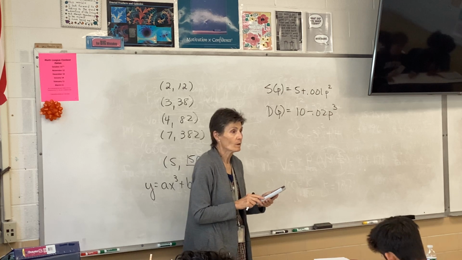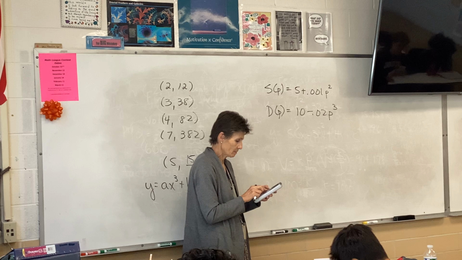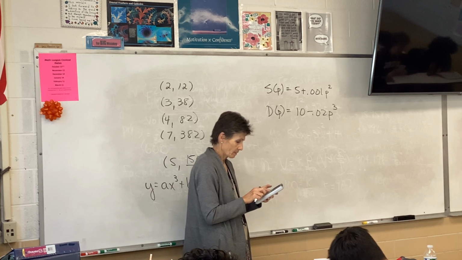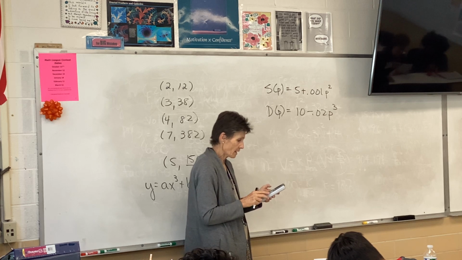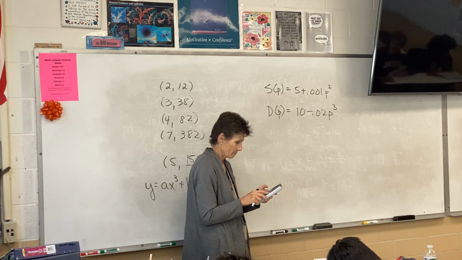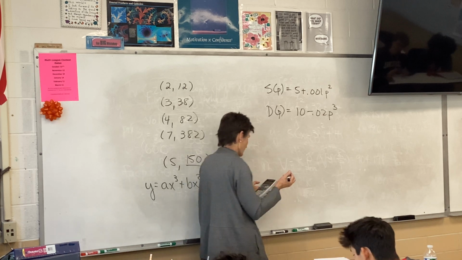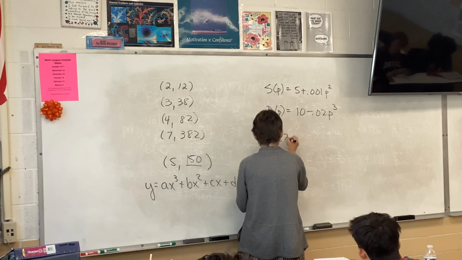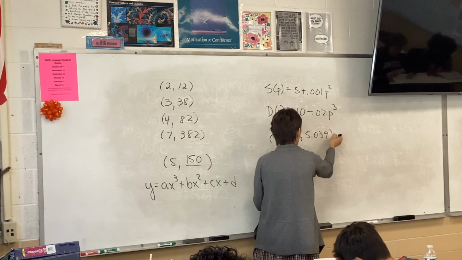And what are we looking for? Where they cross, so let's find that. So second calc intersect. Bless you. Thank you. And I'm gonna come up with an ordered pair, 6.283, comma 5.039. Is that what you got?